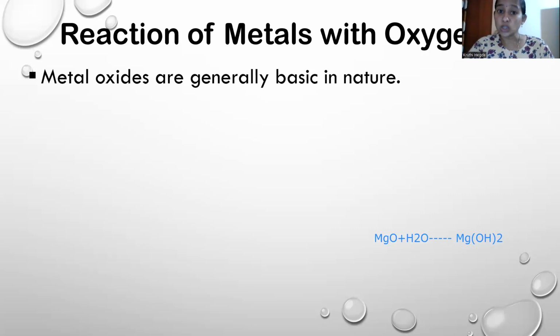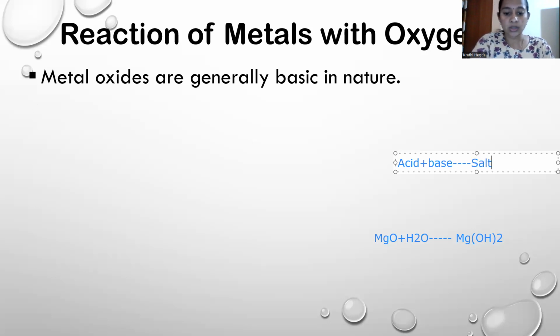If we make metal oxides react with acid, it will produce salt and water. Anything that reacts with acid to produce salt and water must have which nature? Base. Because you have understood that always acid reacts with base to give salt and water.